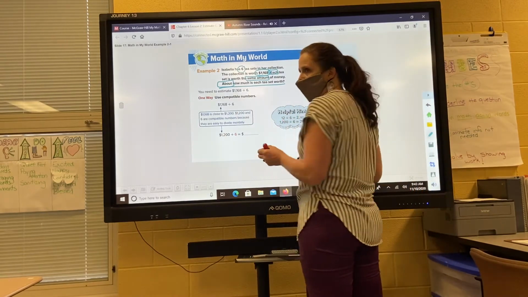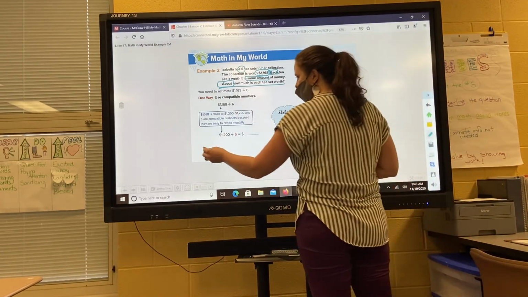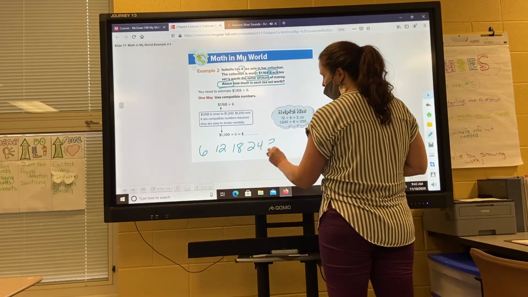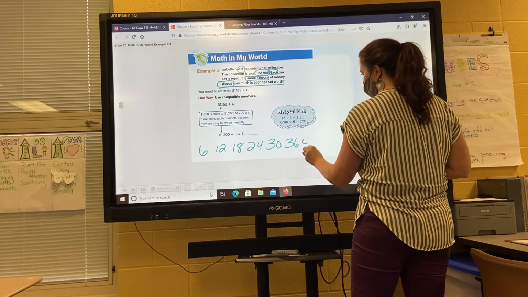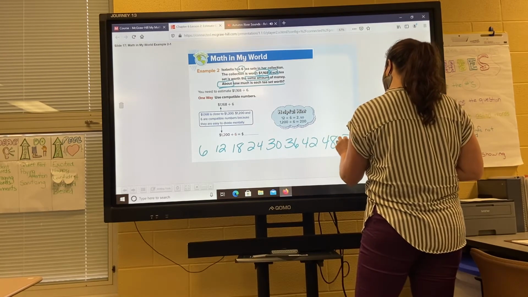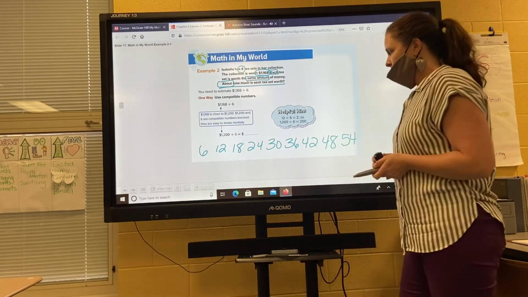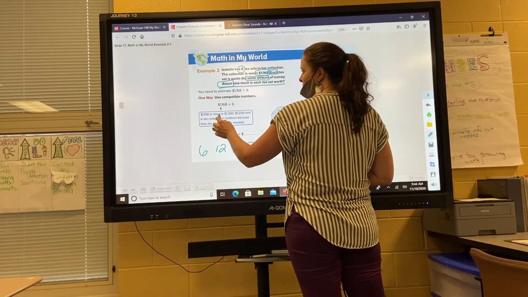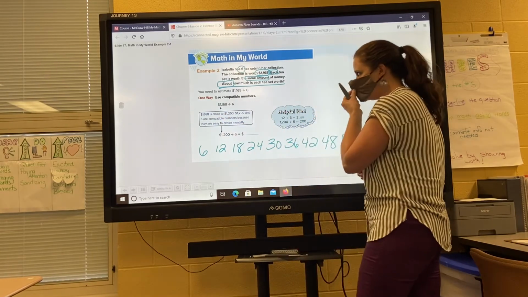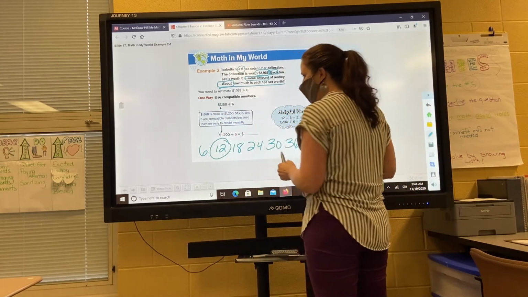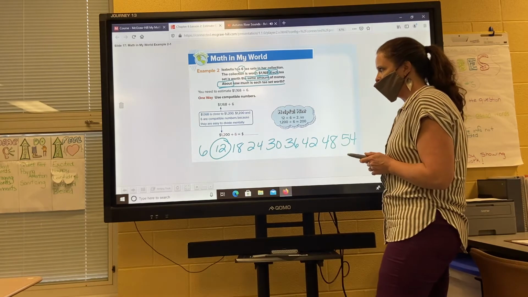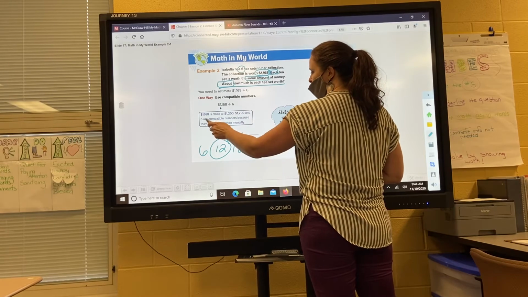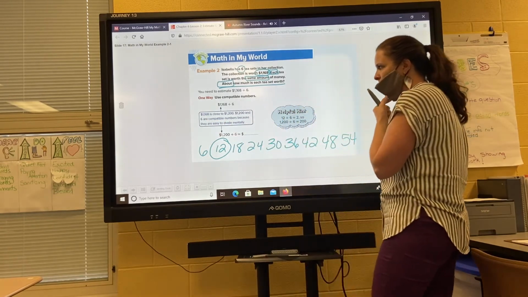First thing I'm going to do is write my 6's down: 6, 12, 18, 24, 30, 36, 42, 48, 54. And now we're looking for a compatible number, but 1,168 is close to 1,200. And I see right here that 12 is compatible with 6, right? So I can divide 1,200 and 6 because they're compatible numbers, because you can divide them mentally.